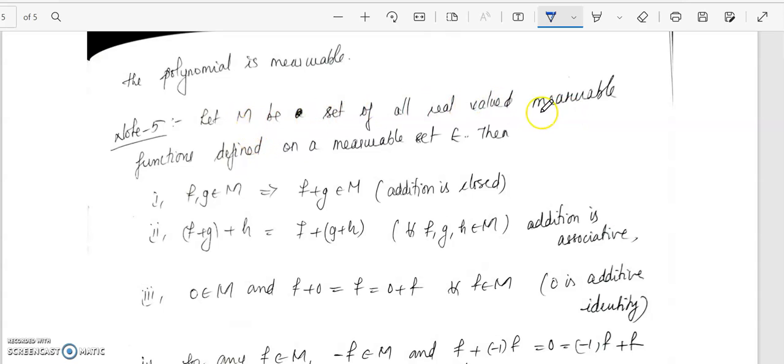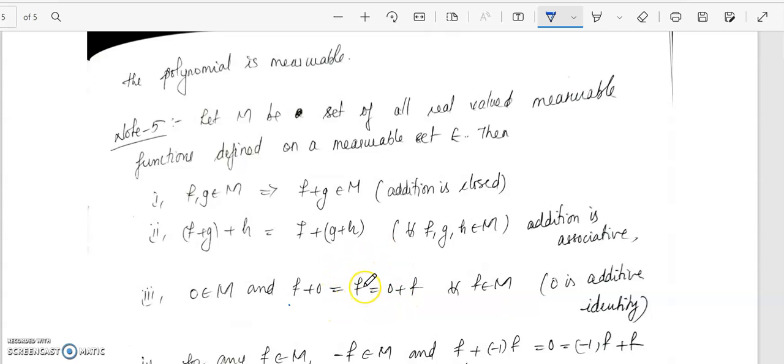Let M be the set of all real valued measurable functions defined on a measurable set E. If f and g are measurable, we have seen f plus g is measurable, so f plus g belongs to M. Similarly it will be associative, f plus g plus h will be equal to f plus g plus h. And it contains a zero element, so 0 belongs to M, which is our constant function. We have seen the constant function is measurable.